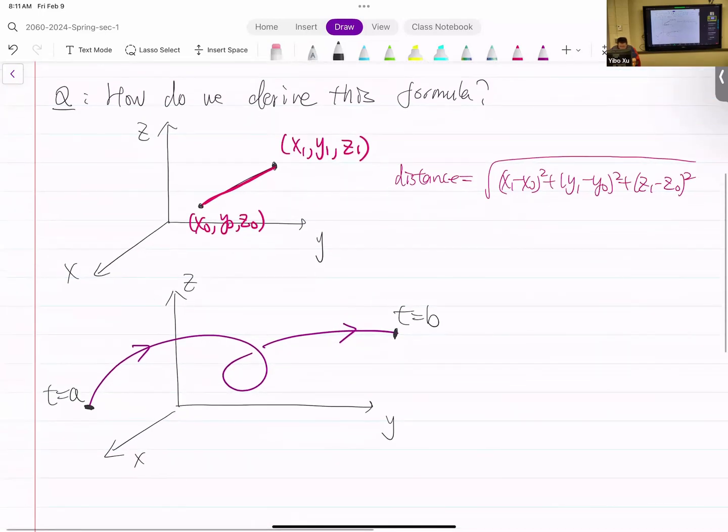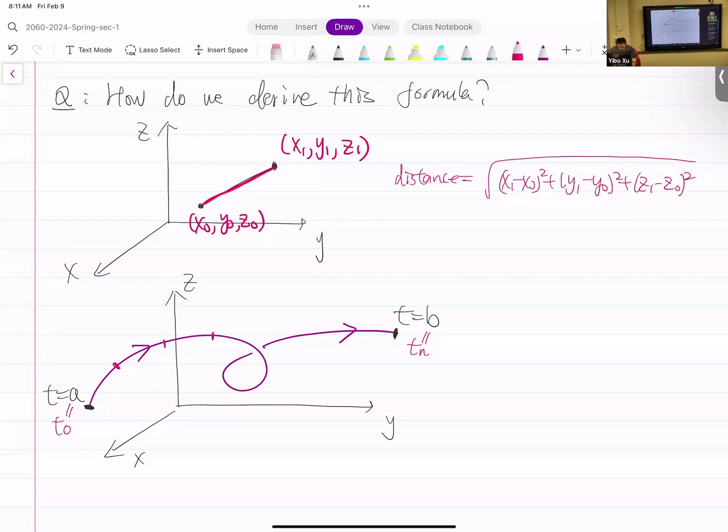When we break it up into pieces and draw line segments along the path, we always think of t equals a as t0 and the last time point as tn. So that's t0, that's tn, and t1 is possibly here, t2 is possibly here, t3 is possibly here.